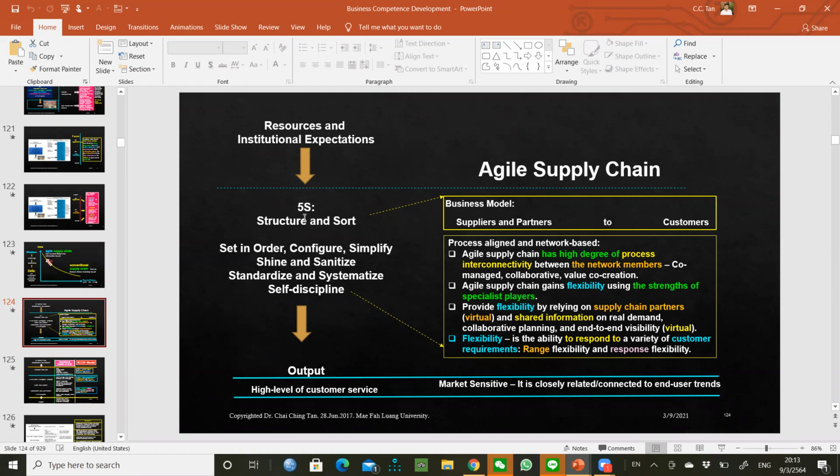And when we talk about resources, I have shared with you the VRIO. So your resources are valuable, in the sense of value to the customers.